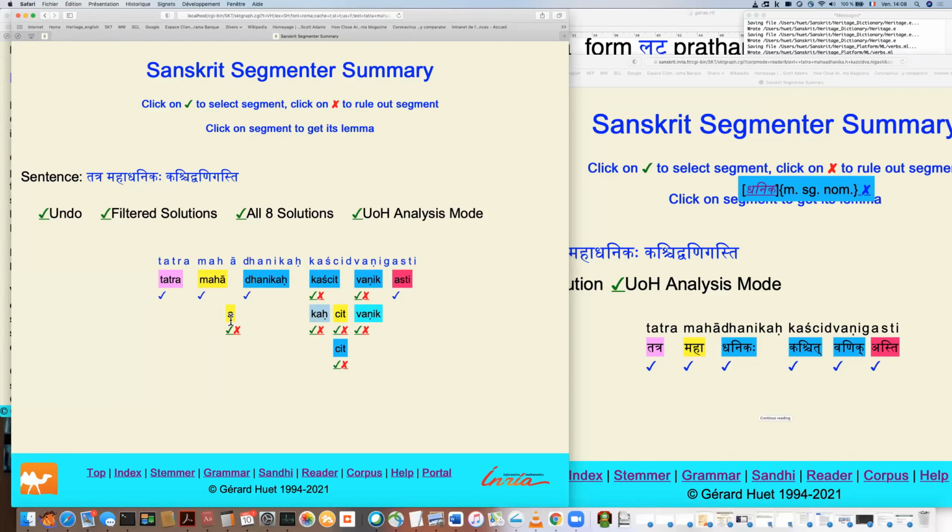And now this a is lost in the long R. See, so in order to not get the negative meaning, you have to kill explicitly the A. And now you have Mahadanika. Very rich. Very rich what? Vanik. And Vanik here, again, this is not a vocative. Here we are not addressing the merchant. We are talking about this merchant, Vanij.